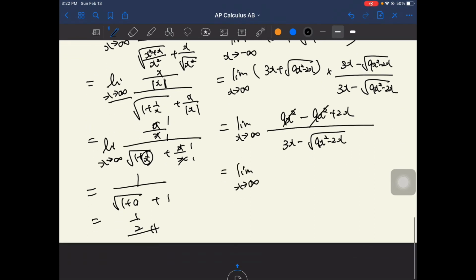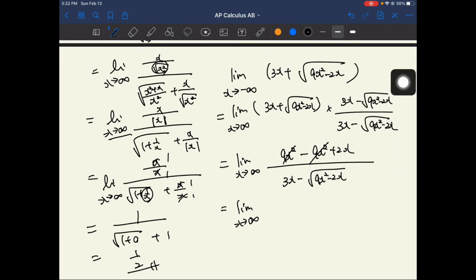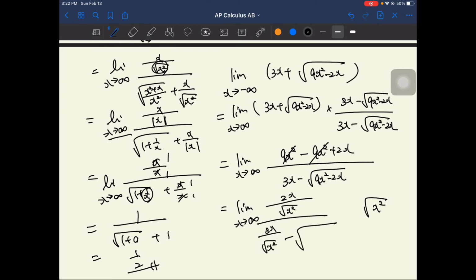Then again, this one is infinity over infinity. So you have to divide by the highest degree term in the denominator, which is this one, x squared. So let's divide by square root of x squared again, which is 2x over square root of x squared over 3x over square root of x squared negative square root of 9x squared negative 2x over x squared.